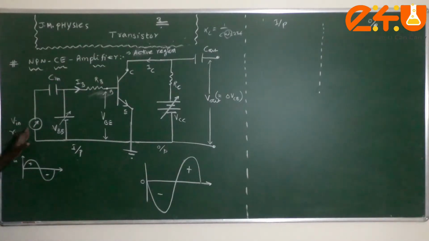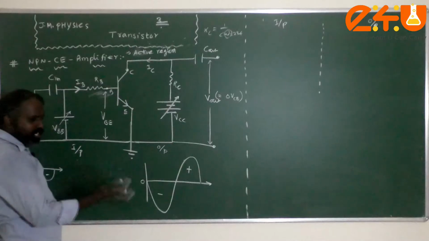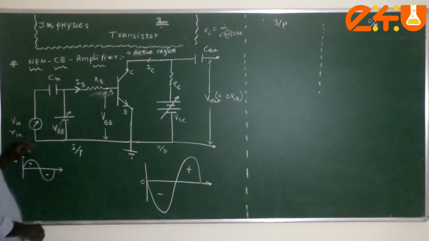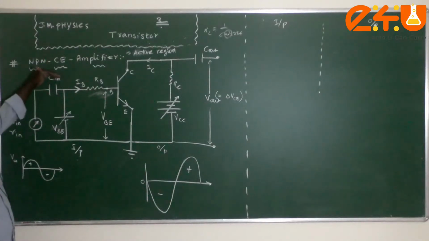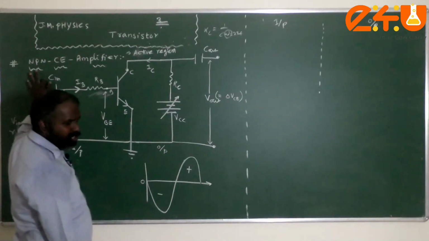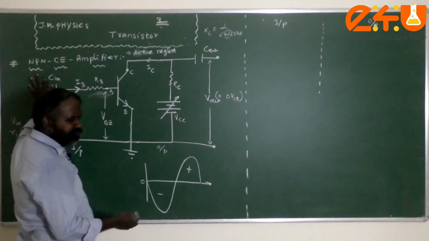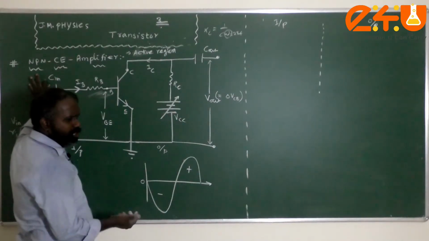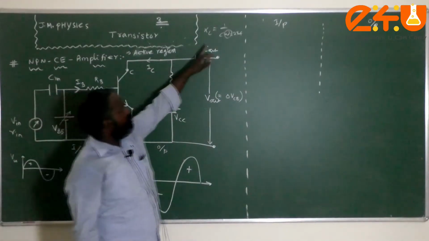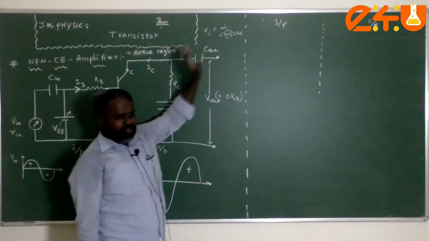That means when this audio signal, which is converted into an electrical signal by the mic, contains any DC component, that will be completely stopped by this input, what is that? Capacitance. Input what, children? Capacitance, because the reactance value of a capacitance for a DC component will be infinity, as we said.